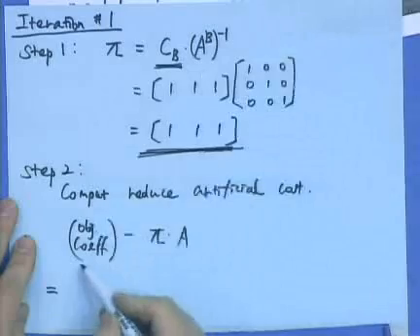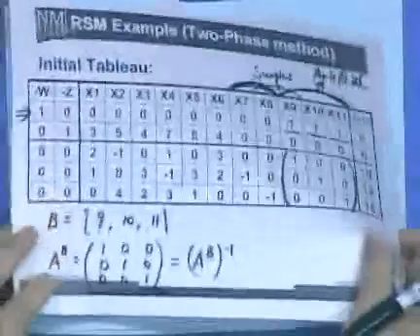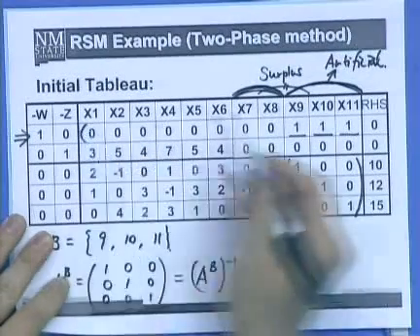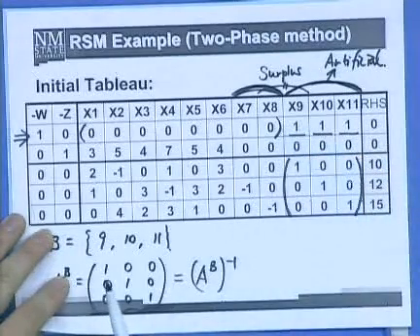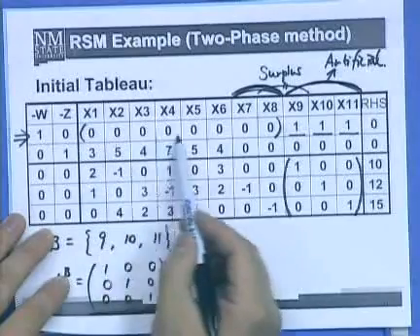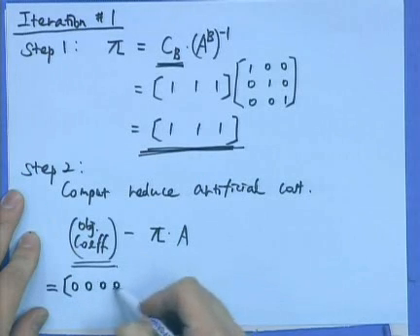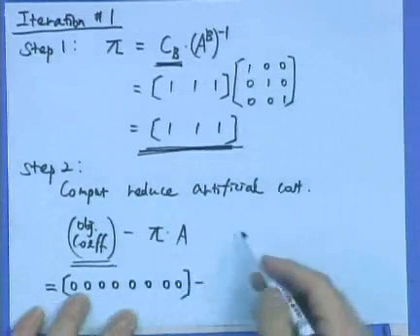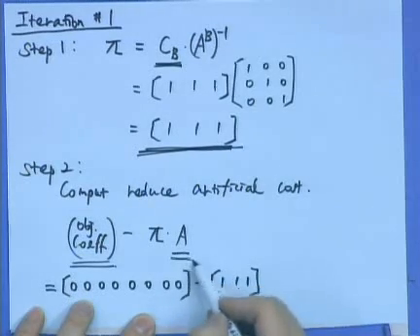So what is this part? Objective coefficient for non-basic variables. Those are this, right? So we have 8 zero vectors, right? 1, 2, 3, 4, 5, 6, 7, 8. Minus pi, which is 1, 1, 1, right? What is this A?